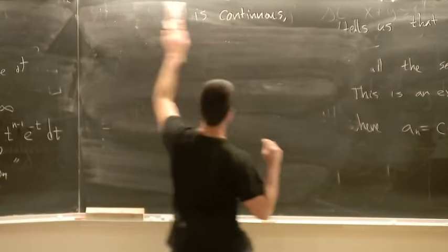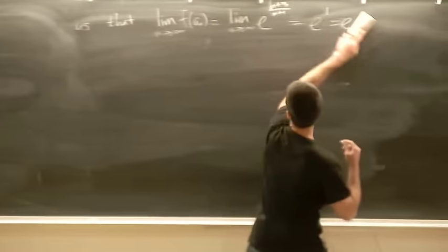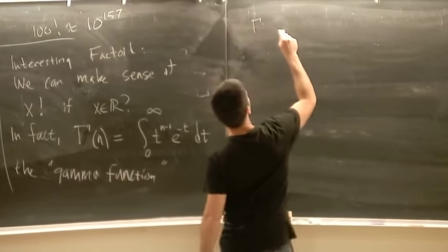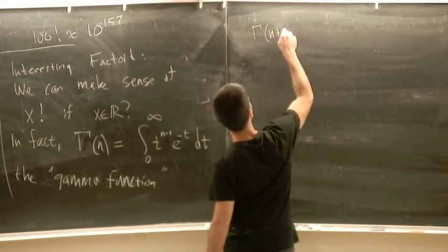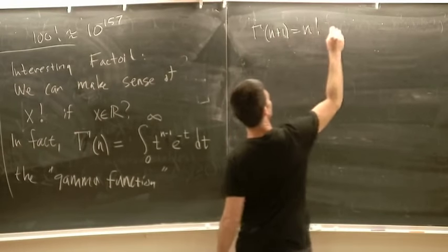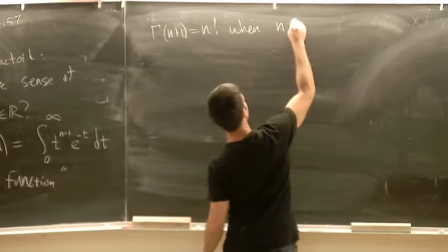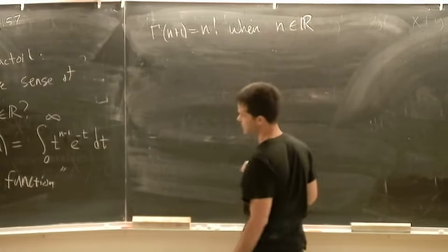The interesting factoid that I wanted to tell you guys is that gamma of n plus 1 is equal to n factorial when n is a natural number.